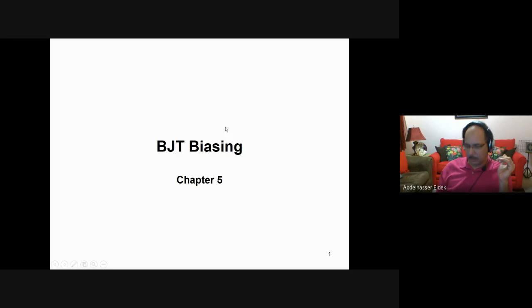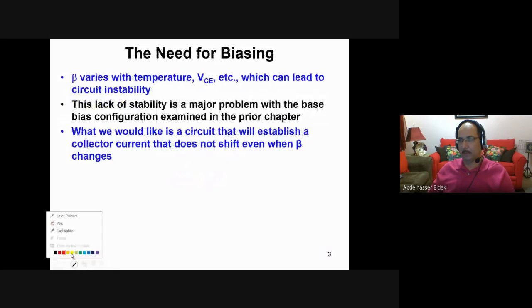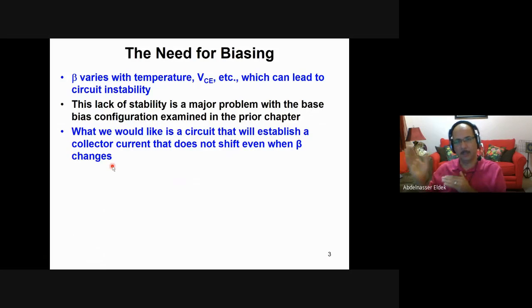In the previous chapter, we had one method, which is a common emitter, if you remember. But we noticed that this method is unstable. So we try to study other methods of biasing so that we have a forward bias in the emitter side and reverse bias in the collector side, but at the same time we need it to be stable.